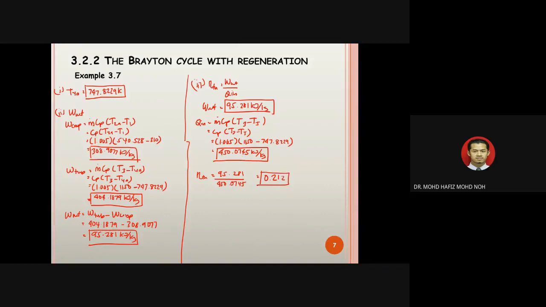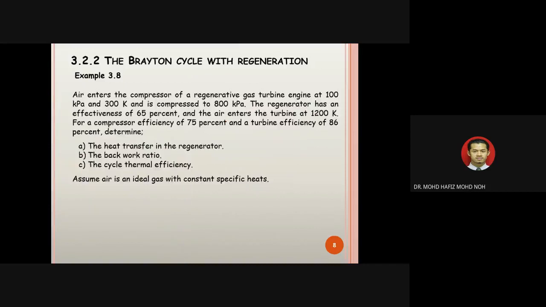And now before we end, let's try to solve example 3.8. Air enters the compressor of the regenerative turbine engine at 100 kilopascal and 300 Kelvin. So that means this one is T1, and it is compressed to 800 kilopascal, so this one is P2. The regenerator has an effectiveness of 85%.